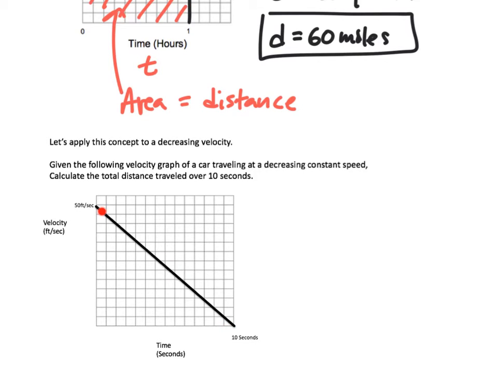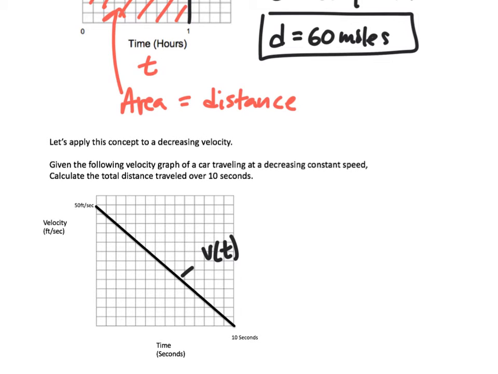But we are slowing down at a constant rate. So what we want to do is calculate the area under the curve, and I'm going to call this function v of t, just to make it easy on ourselves.